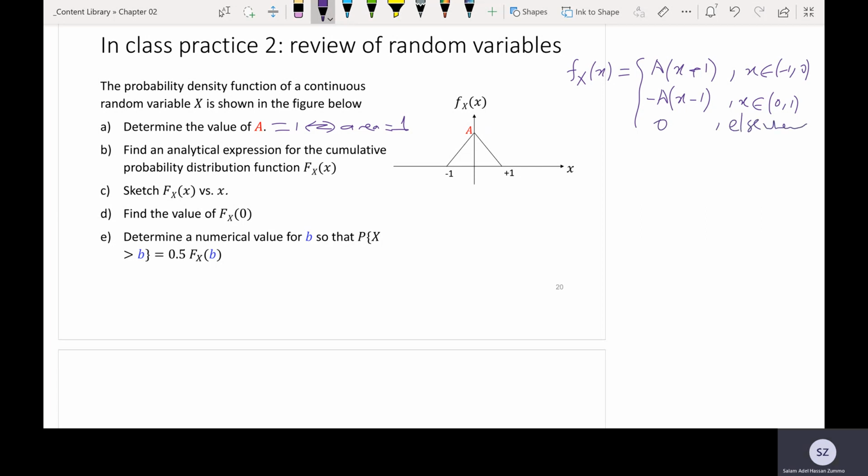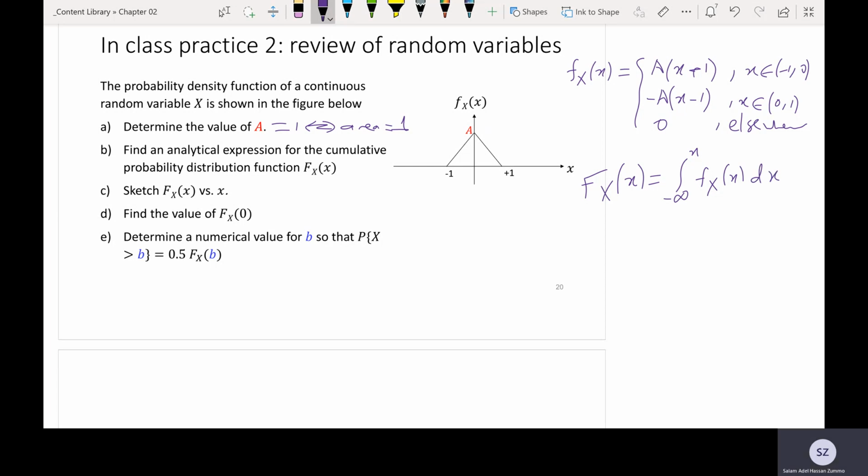Okay, so now if we know this PDF, then we can integrate, right? Now integrating this, what will it give you? The F_X(x) will be the integral from minus infinity to x of f_X(x). I will not do the details.